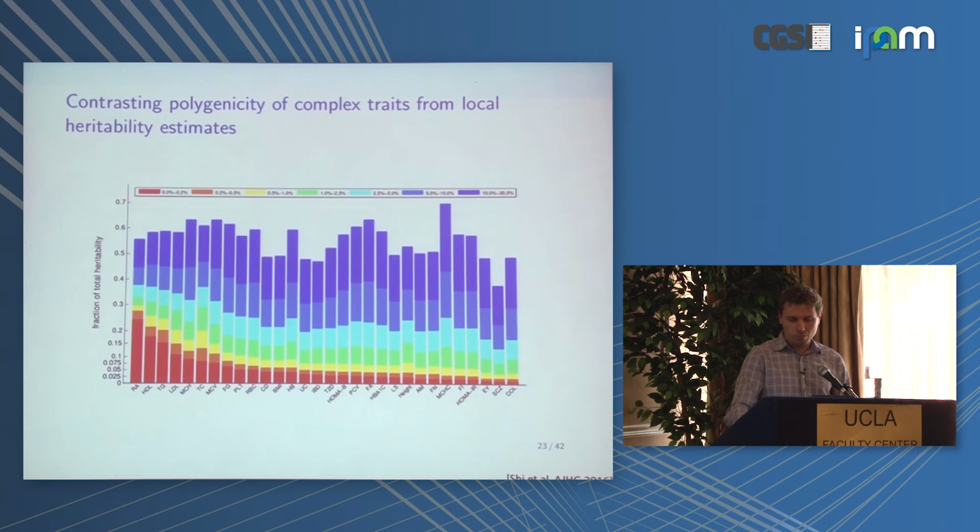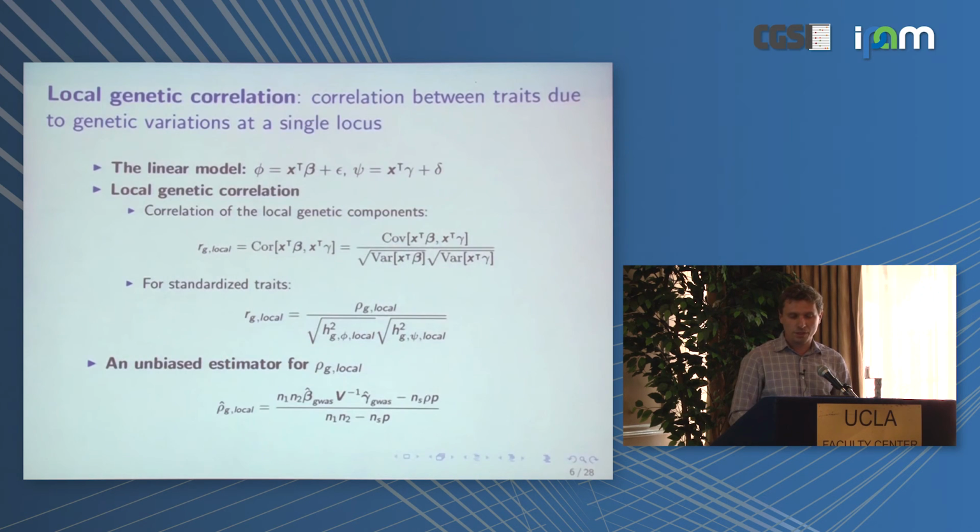The more off-the-shelf type of equations here, which is something that Huembo in my group has been developing, you can extend this framework to start looking at multiple traits at once. So let's say we're interested in triglycerides and total cholesterol.